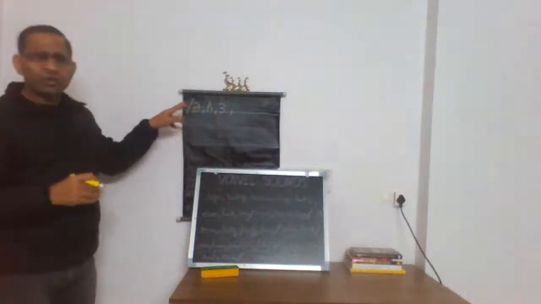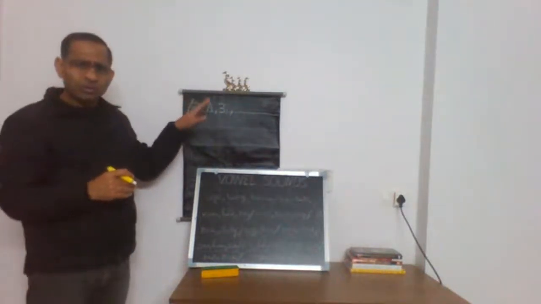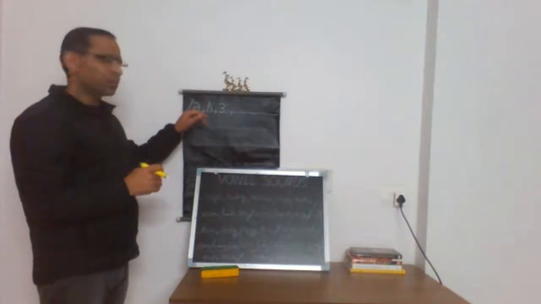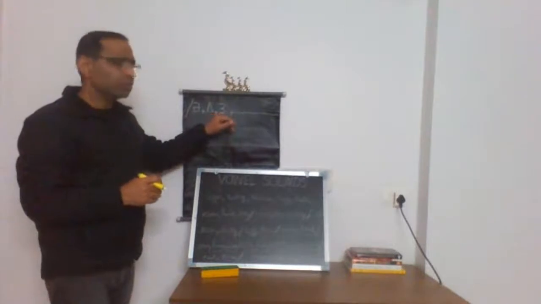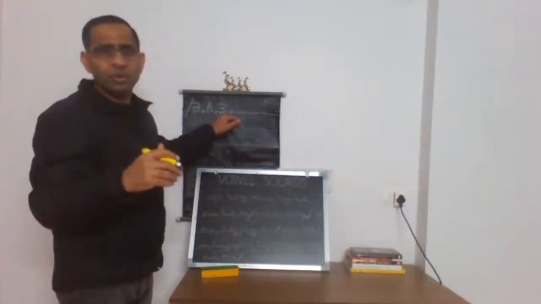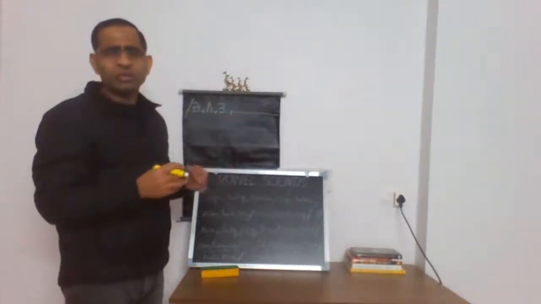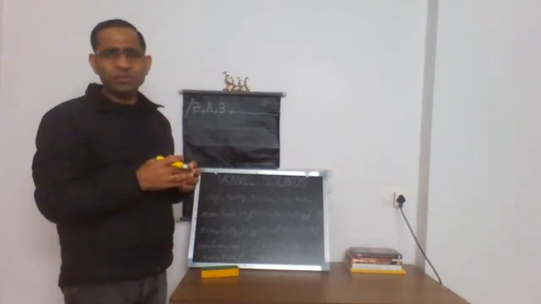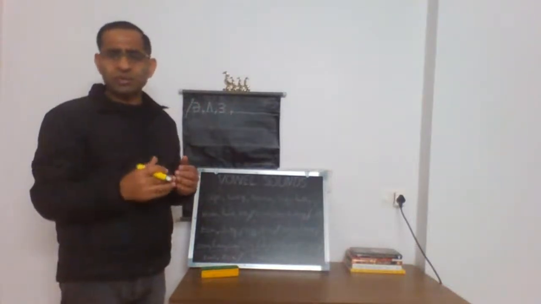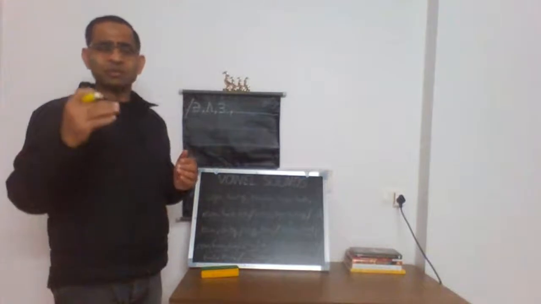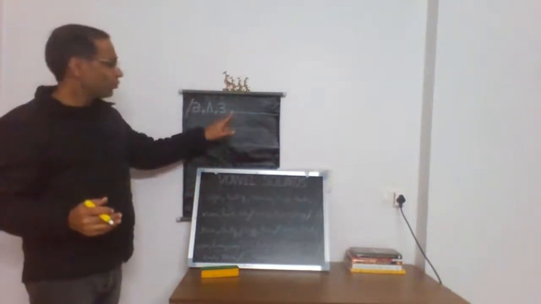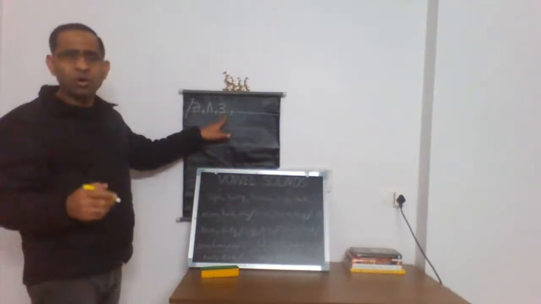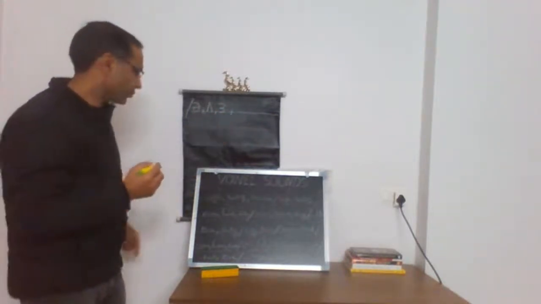Now we can differentiate between the three a sounds. This is a, this is a, and this is uh. If you say words like shirt, dirt, hurt, so in these words we use this long sound.